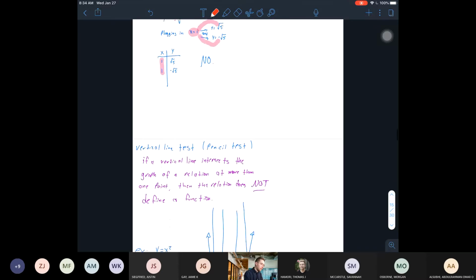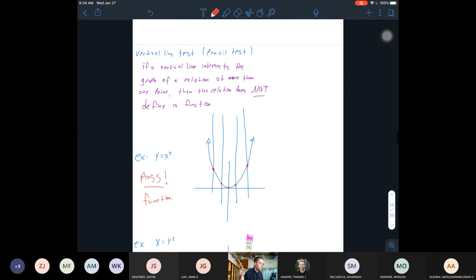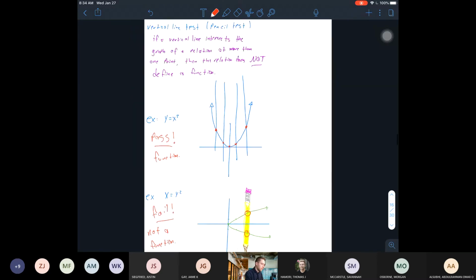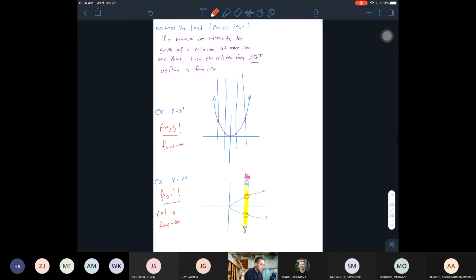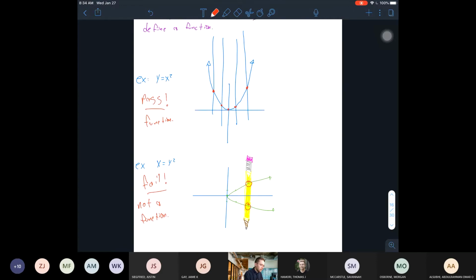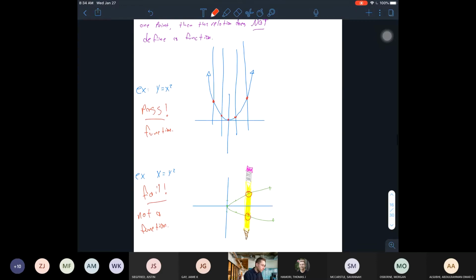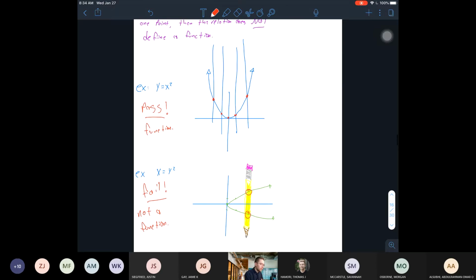The way we parse that graphically is by using the vertical line test, or the pencil test. We can take these functions and pass our pencil left and right over them. And if we see that it's going to cross the graph of our relation at more than one point, then we know that the relation has failed the vertical line test and cannot be a function.